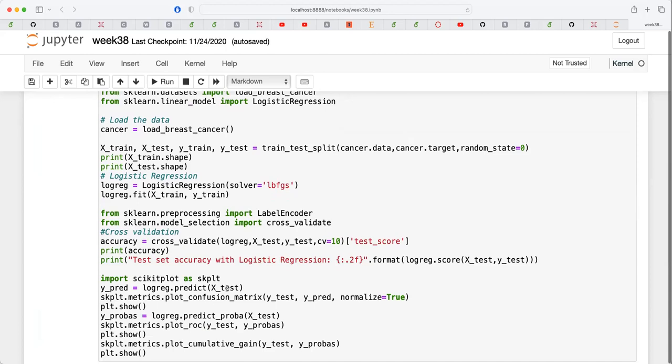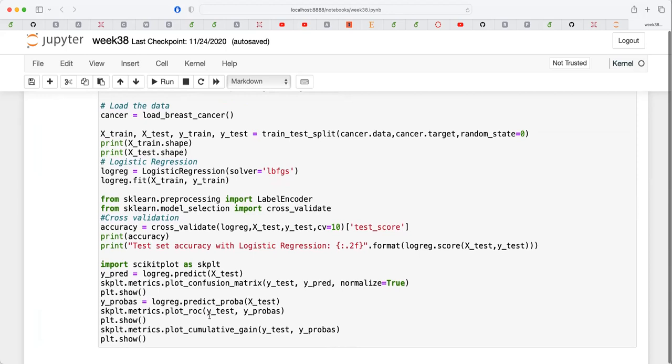So one of these quantities is the confusion matrix, which takes your test and your prediction. And then there's another one, which is called the ROC curve. And then there's the cumulative gain curve. And I just wanted to explain what these quantities stand for so that they just don't come as a bolt out of the blue here.